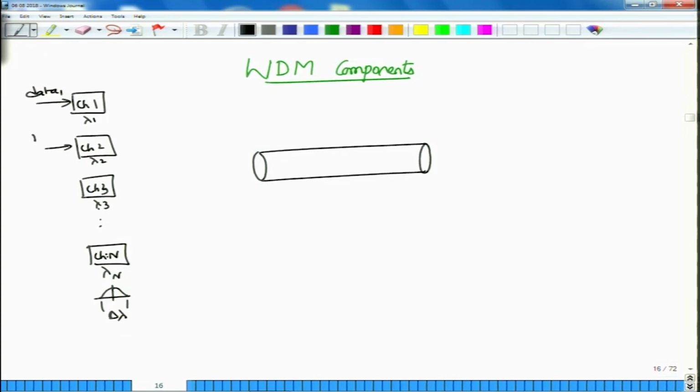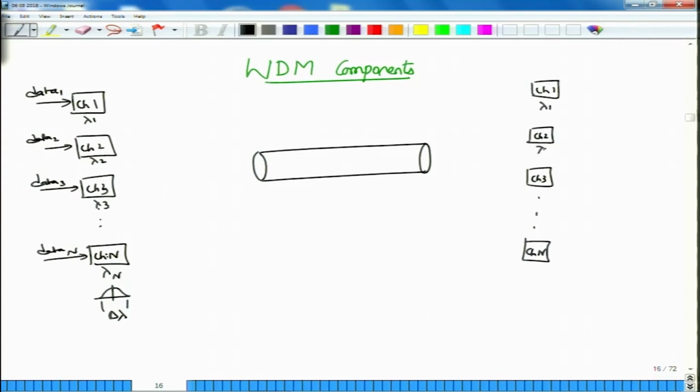Of course, each channel can have its own user data, and the objective of this WDM system is to somehow combine the data that is coming in from different channels and then launch it into the optical fiber, where at the receiver side you should again be able to demultiplex them, or remove their combination, and individually you have these different channels.